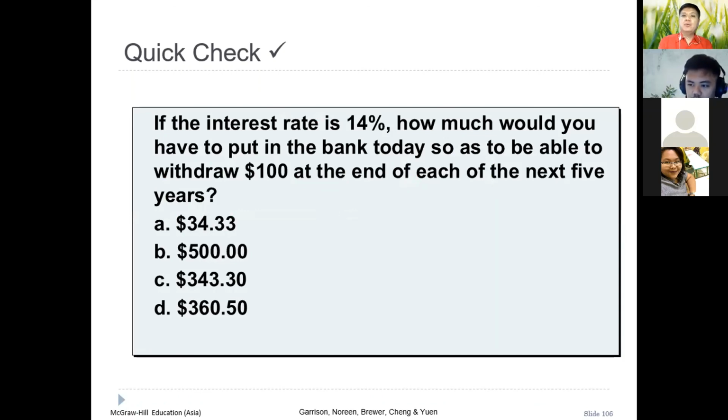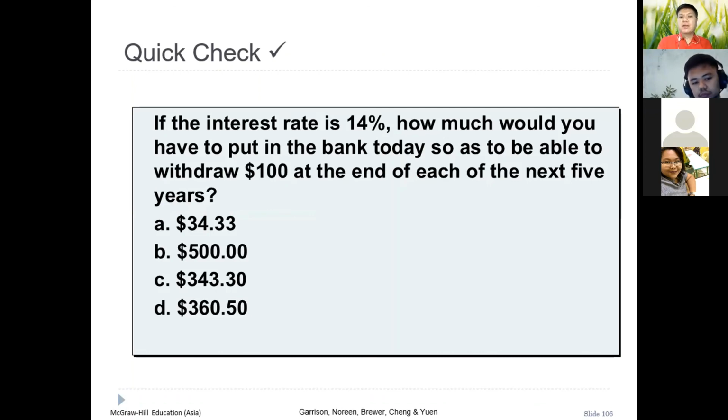Now, ang hinahanap ng problem, gusto ko maka-withdraw ako ng 100 at the end of each year. So magkano dapat i-deposit ko sa bank? So what is the present value? How much will I invest today to the bank if I want to be able to withdraw $100 at the end of each year for the next 5 years?